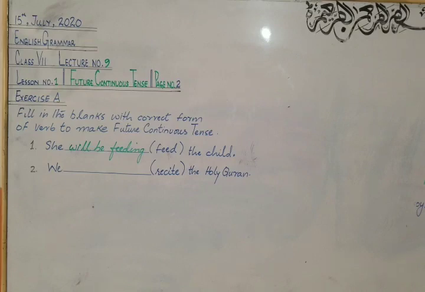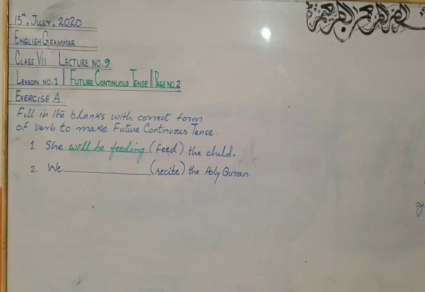We know we use will be with she, तो हमने will be लगा दिया यहाँ पर. And we have the base form of verb feed, and the present participle form of feed is feeding. तो फिर हमने will be के बाद feeding लगा दिया, तो ये क्या हो गया? She will be feeding the child.